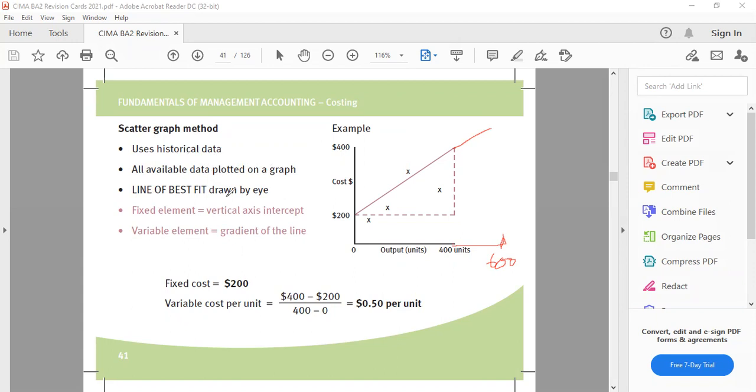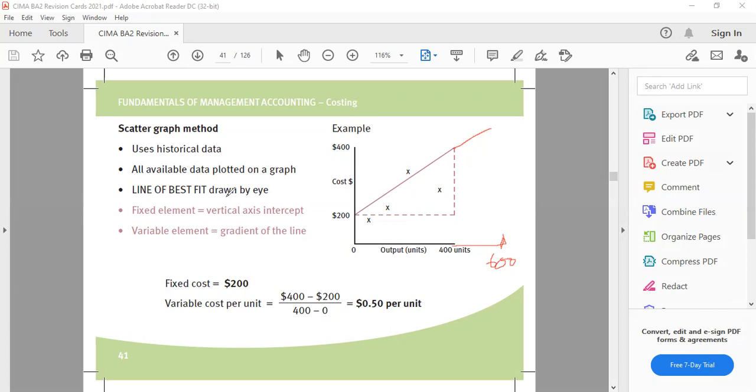So basically, by looking at that, based on the understanding of the user, a line is fitted, and that line can be extended in future to estimate future data, future activity level. Fixed element is equal to vertical axis intercept.